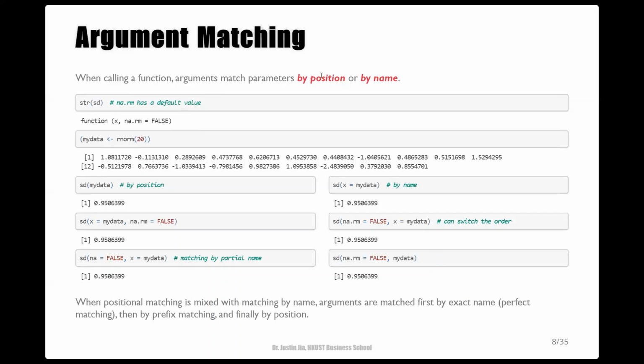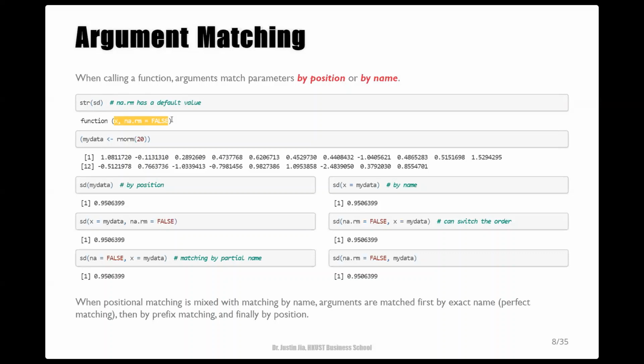Positional matching just means that R assigns the first argument to the first parameter, the second argument to the second parameter, and so on. Here I would like to use this SD function, which is a built-in function that computes the empirical standard deviation of a vector of numbers, to illustrate different argument matching schemes used by R. Applying the structure function to it outputs its parameter list.